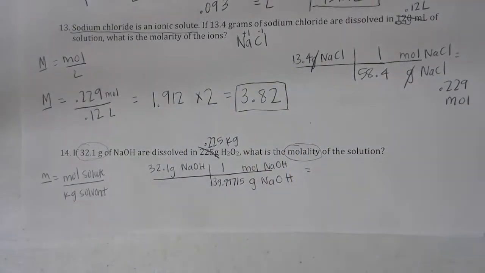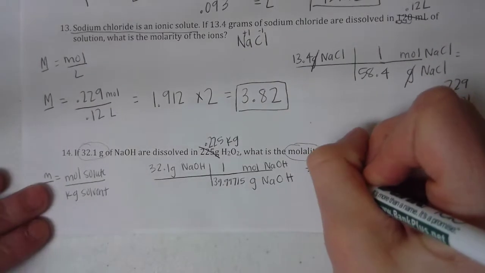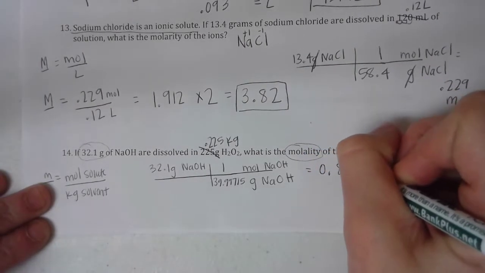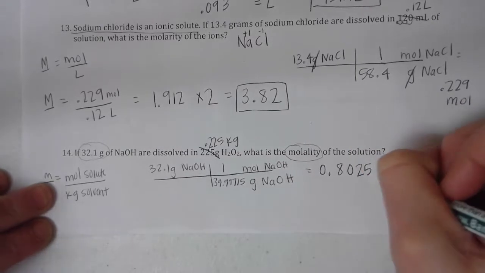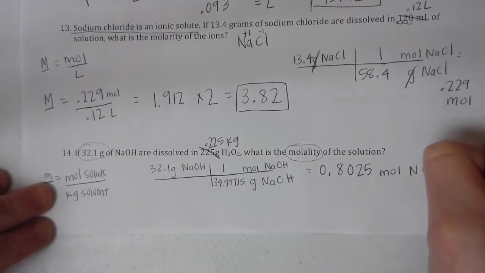So all I need to do is divide that. 32.1 divided by 39.99715, and that'll give me 0.8025 moles of sodium hydroxide.